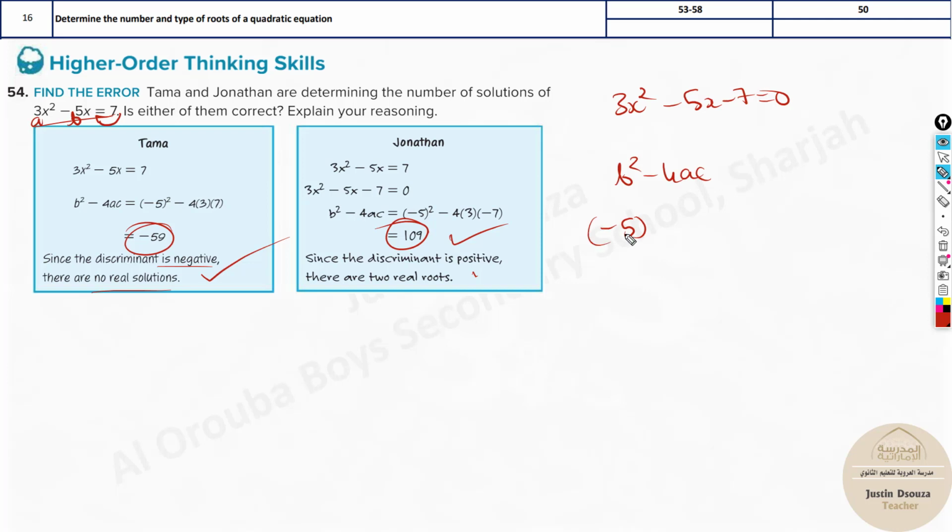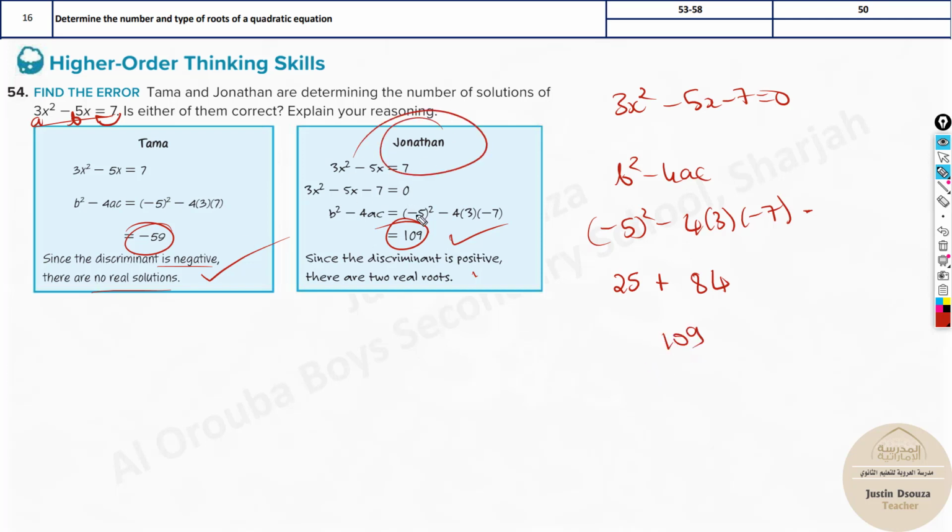You will have (-5) the whole square minus 4 times 3 times -7. Here it will be 25 minus 4 times 3 times 7, which is 21, so 84. But this will be plus because minus and minus. Now add them up. It will be 109.